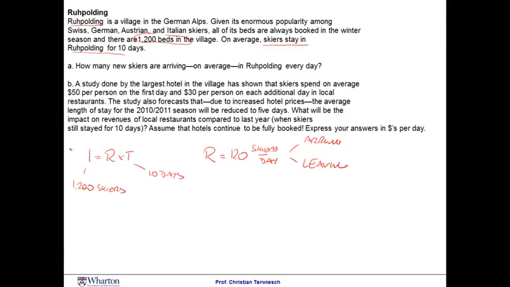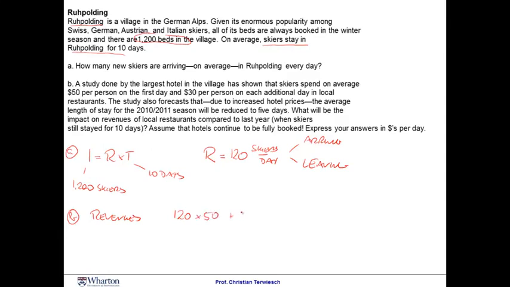All right, so that was part A. Part B. So let's figure out the revenues of the local restaurants here. For that we have to keep in mind that every day there are, as we figured out under part A, 120 guests per day that are arriving, and so these folks, the question indicates, are spending $50 per night.